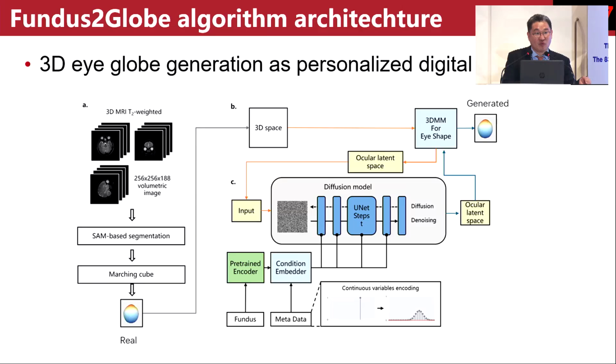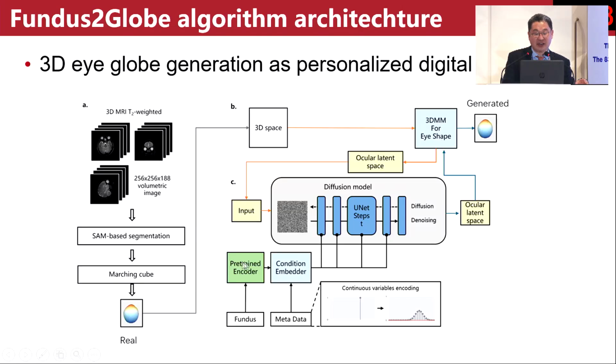But again, we need two inputs: one is a fundus photo, the second is metadata. We combine these two into the model, and we developed a technology that can automatically segment the ocular eyeball from the MRI scan, which will generate a 3D ocular shape image.